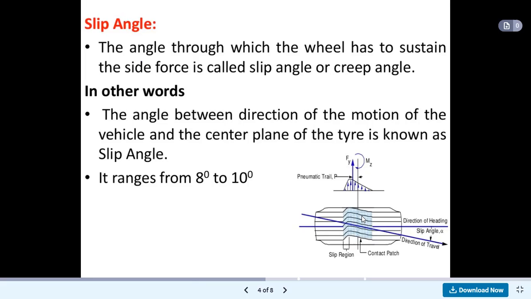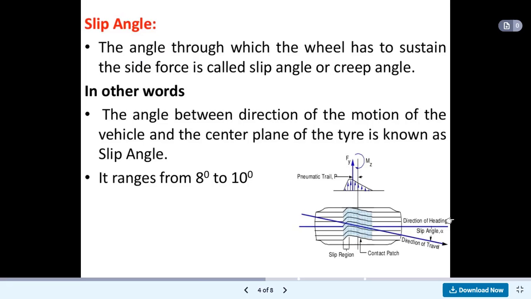All this is shown in blue lines. Above this region, the Fy force is acting in the upward direction and some gap is present, and due to that perpendicular distance and the Fy force, a moment takes place, which becomes the Mz moment.